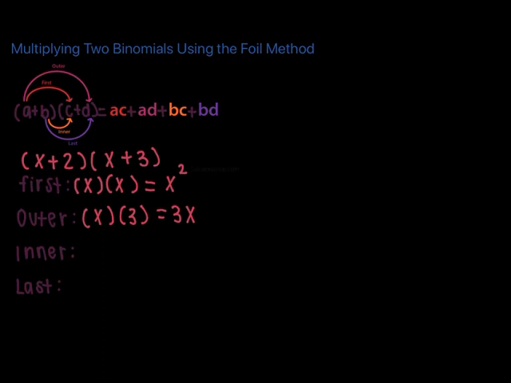So that would be 2 times x, which equals 2x. And lastly, we're going to multiply the last, which would just be b times d. And that would be 2 times 3, which equals 6.